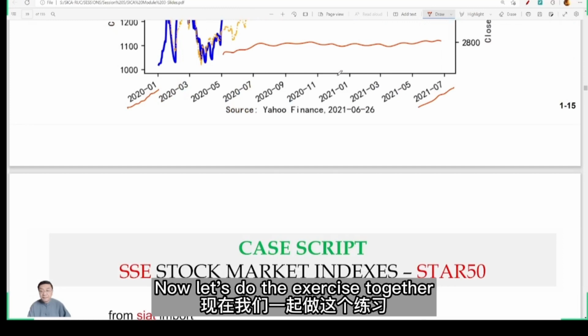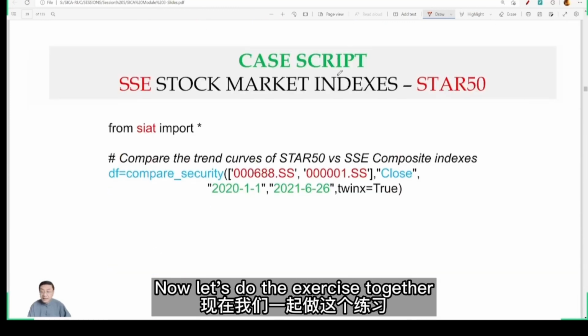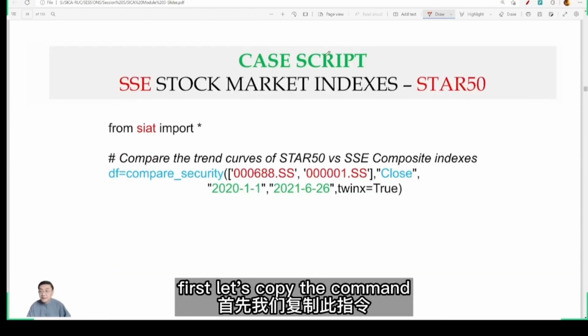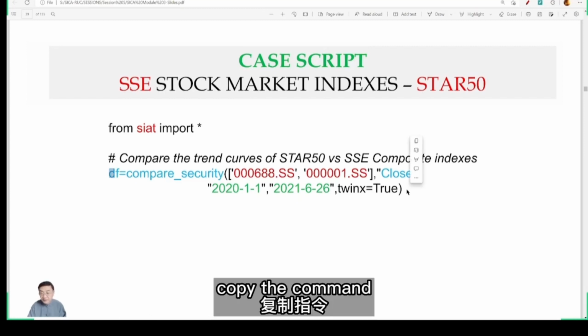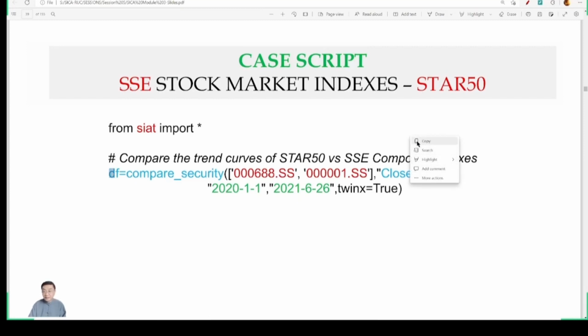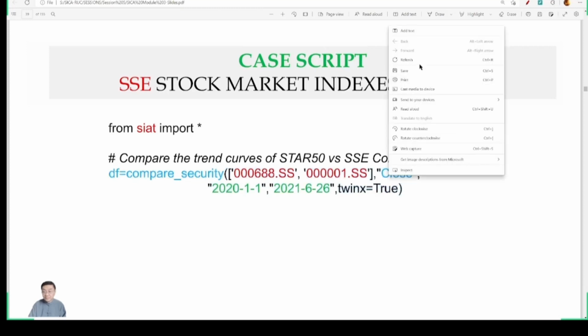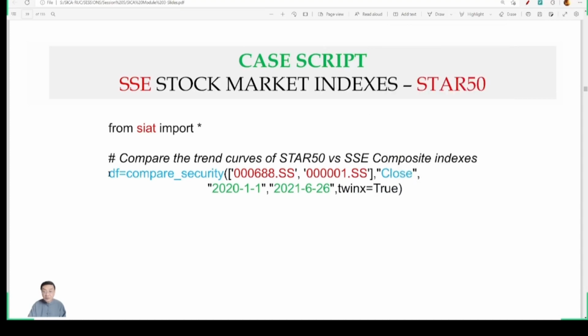Now let's do the exercise together. First, let's copy the command.